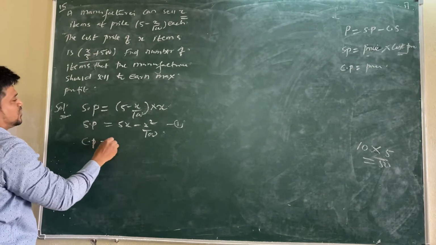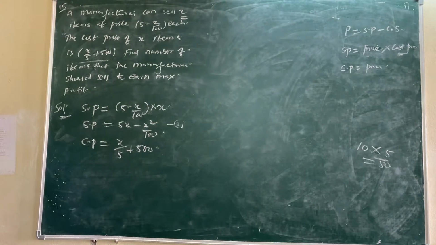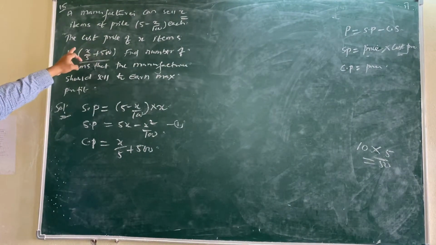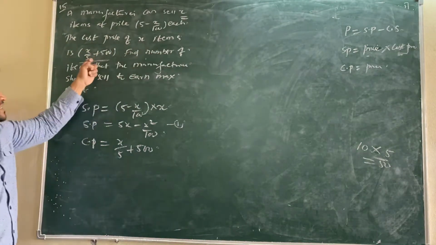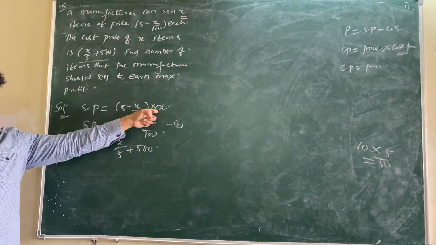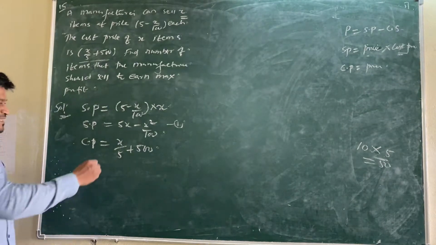No need to multiply x to this one. They are selling x items at the price of 5 minus x by 100 per each item. But here cost price of x, this total items cost is given to you. So what we have to do, just multiply x in selling price whatever given to us. Cost price you can take as it is.